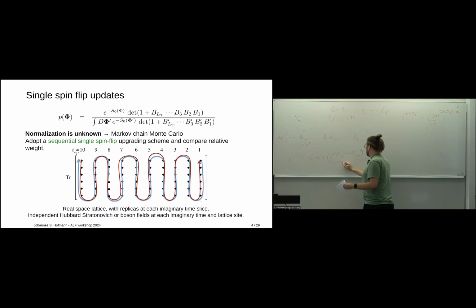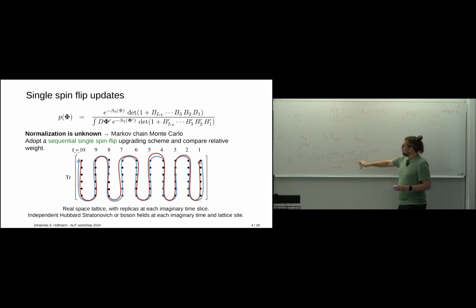But I have written it in such a way that I can introduce a delta, which I define like this. And now, remembering that this v is very local, there is one site where I'm coupling the field to. So on the exponential parts of all of them, I have the identity.